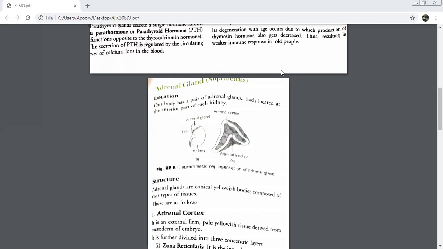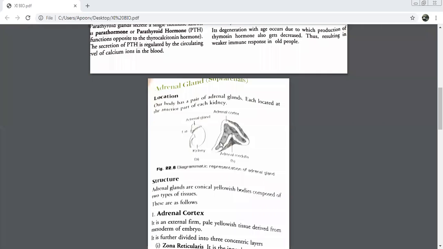Just remember that you can associate one with each kidney. If we talk about the structure of the adrenal gland, it is conical in shape. On the screen it looks like a cone. These are conical yellowish bodies composed of two types of tissues.